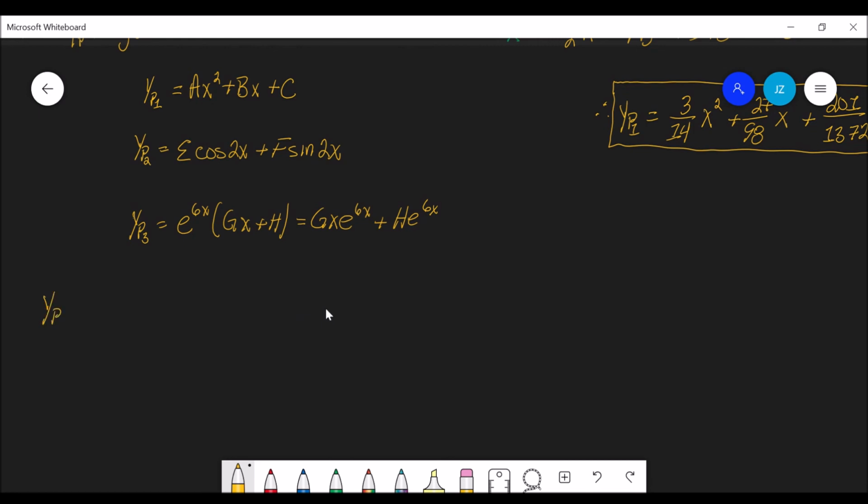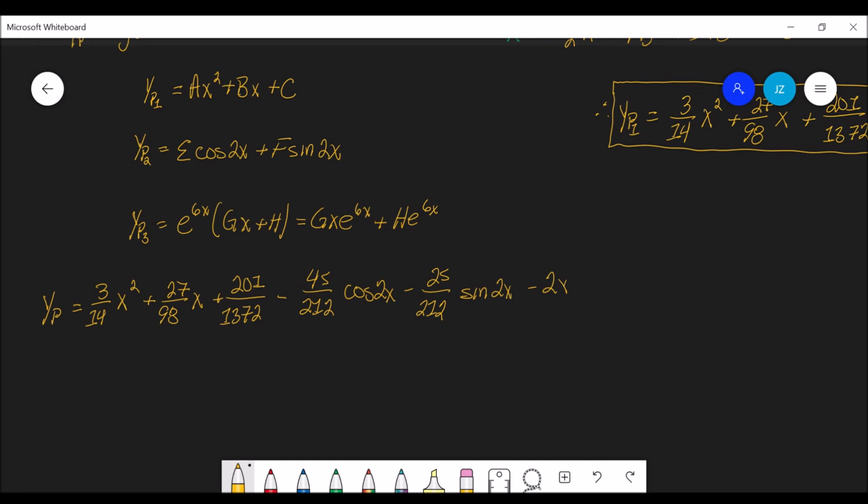And we get our particular solution is 3/14 x squared plus 27 over 98x plus 201 over 1372 minus 45 over 212 cosine of 2x minus 25 over 212 sine 2x minus 2xe to the 6x minus 3/2 e to the 6x.